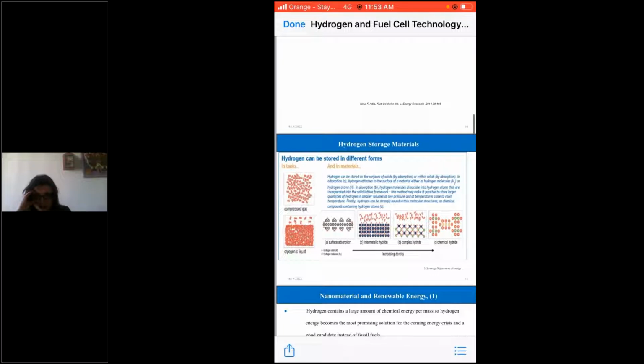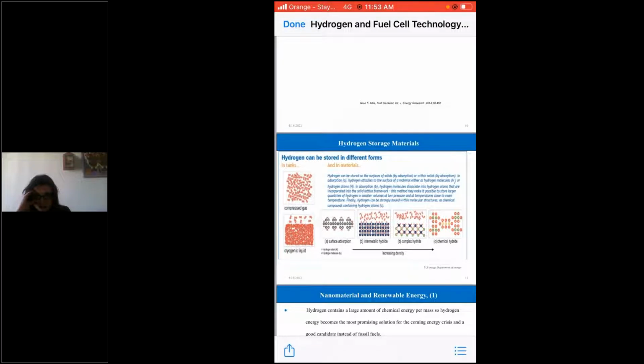There are four types of hydrogen storage. We can store it as compressed gas, like at 350 bar, or as cryogenic liquid at 77 Kelvin, or by adsorption through physical interactions, or as a chemical hydride via covalent bonds.